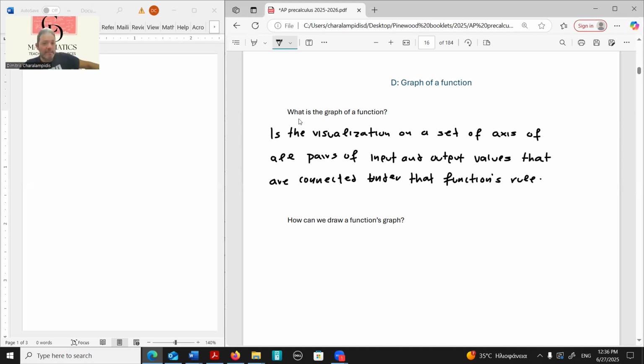I know it might seem bizarre or even hard or even complicated, but that's what, at least for me, is a graph of a function.